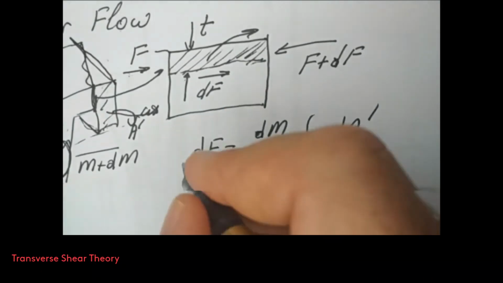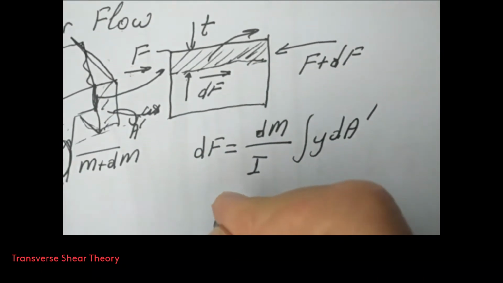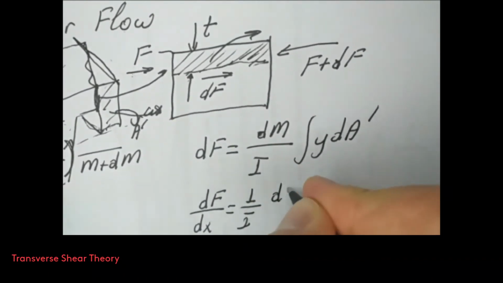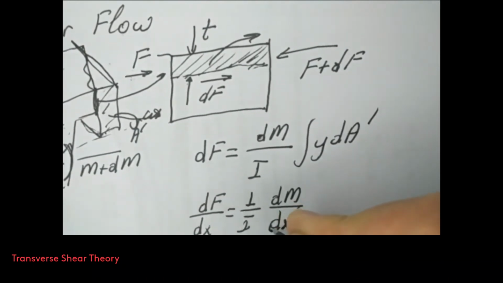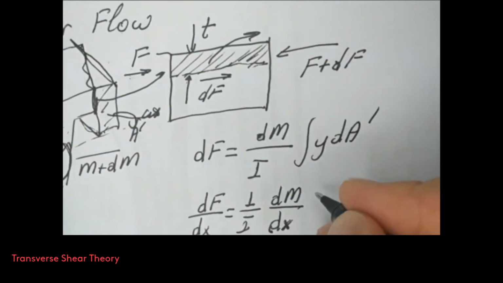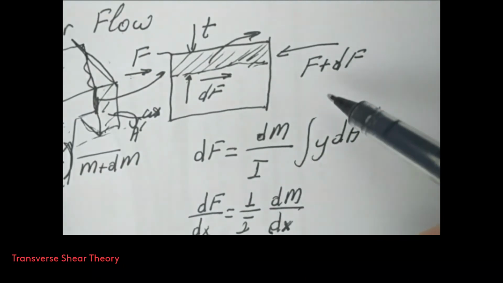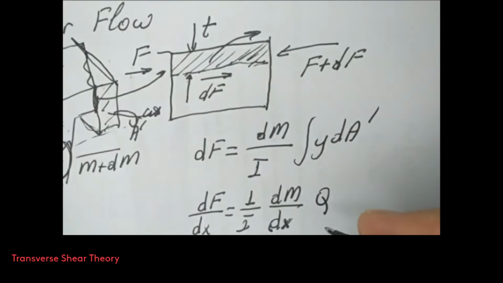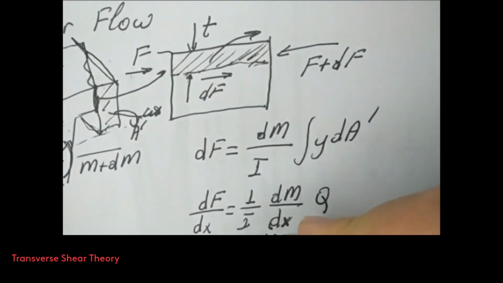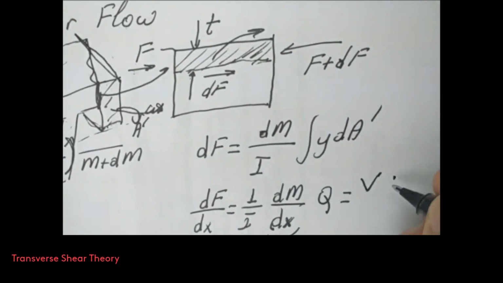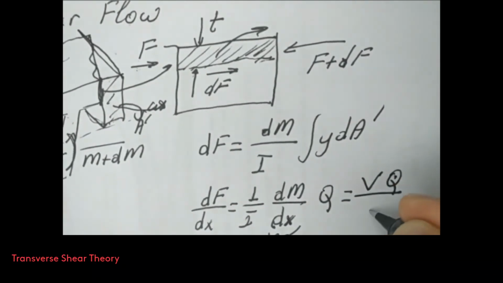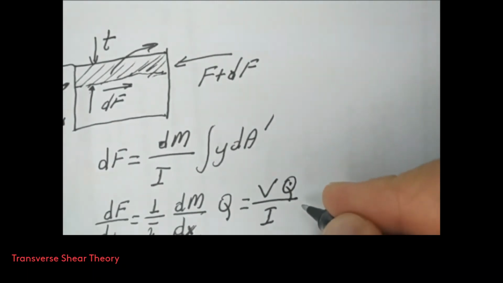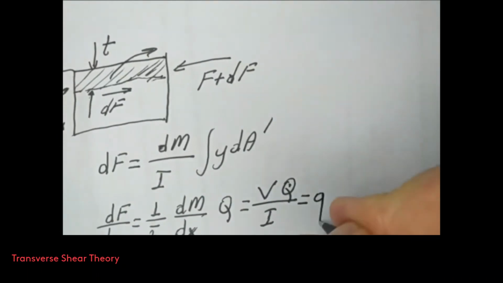I can divide the whole equation by dx. Then this is what I'm going to have. dF/dx is equal to 1 over I, dM/dx, integral of y dA prime is the moment of this area, so it is Q. And dM/dx is in fact V. So we can write this as V Q divided by I. So this is basically force per unit length, and we call this q as shear flow.